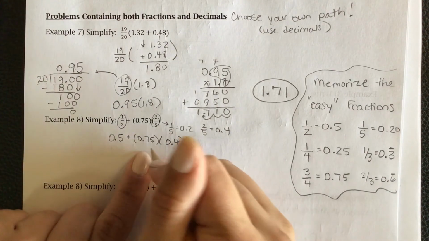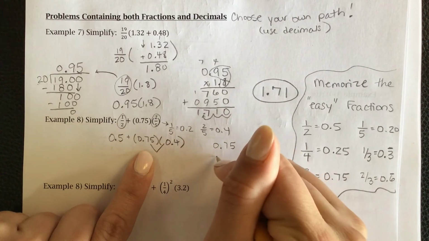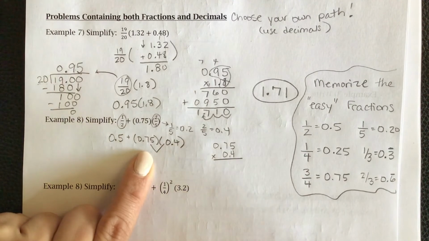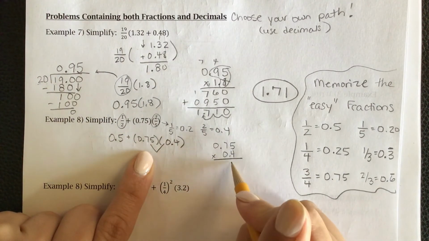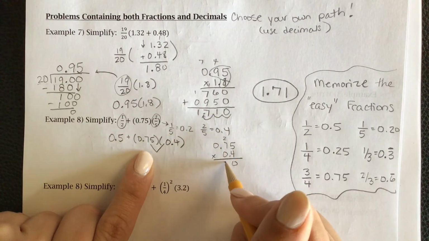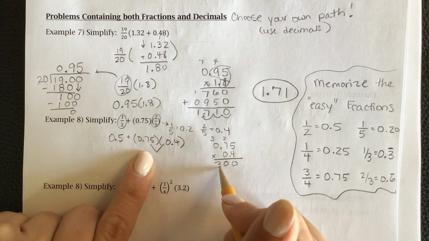So now we can multiply. We have 0.75 times 0.4. Let's multiply. 5 times 4 is 20. 7 times 4 is 28, 29, 30. Carry the 3. We got 0 plus 3 is 3.